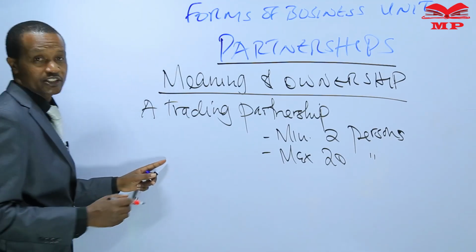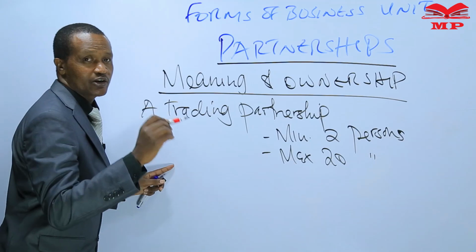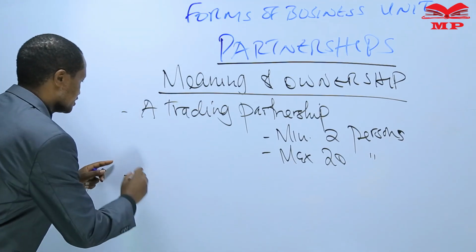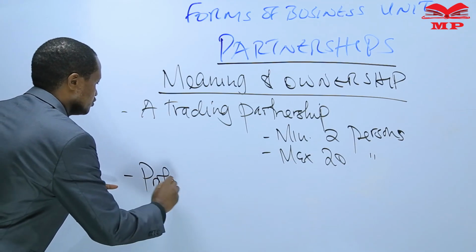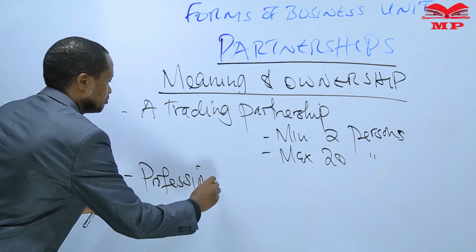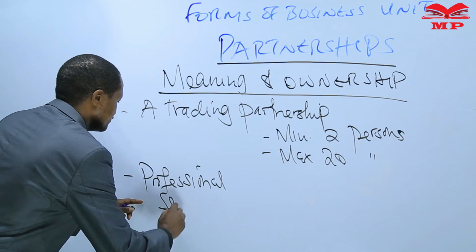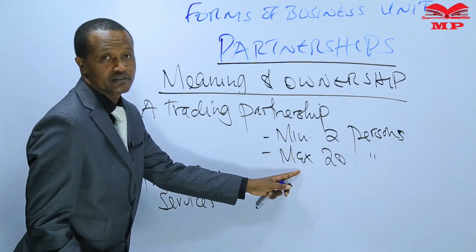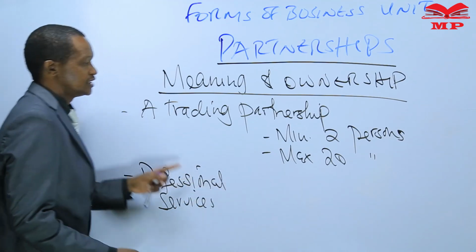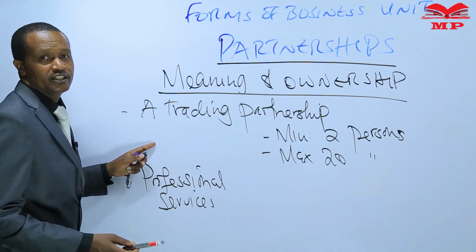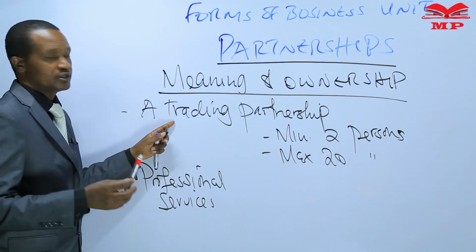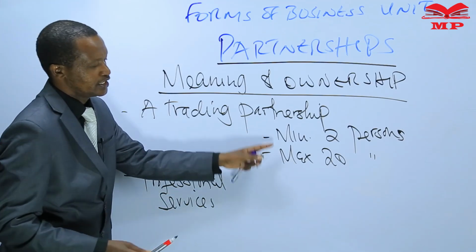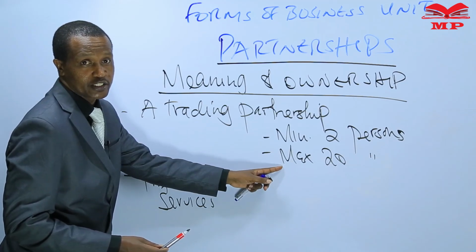But a partnership where the partners are offering professional services, the composition is different. I've said a trading partnership has a minimum of two persons and a maximum of 20 persons.